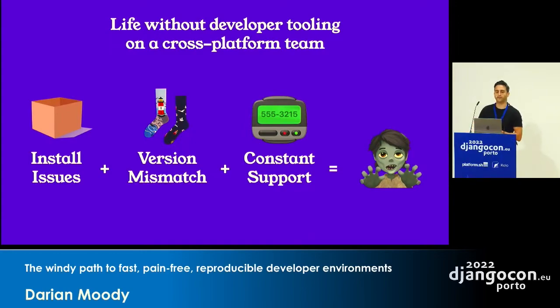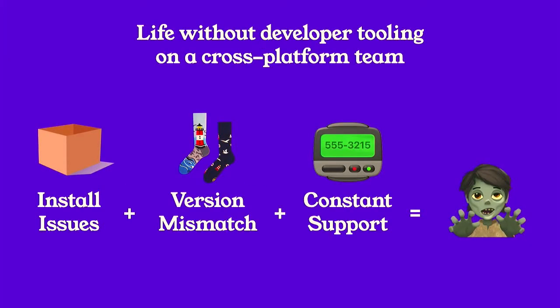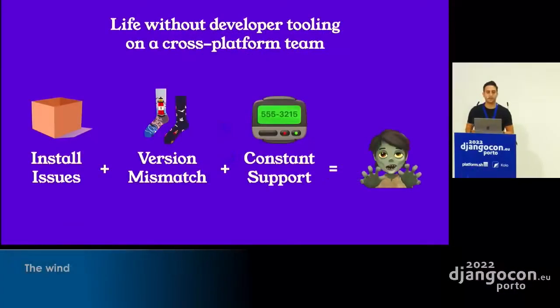Without any help from developer tooling on a cross-platform team, and by cross-platform I mean across OS, Windows, Mac, Linux, you'll see install issues due to different hardware, operating systems, previous installs and configuration, severe version mismatch across your colleagues' environments, or worse, production.